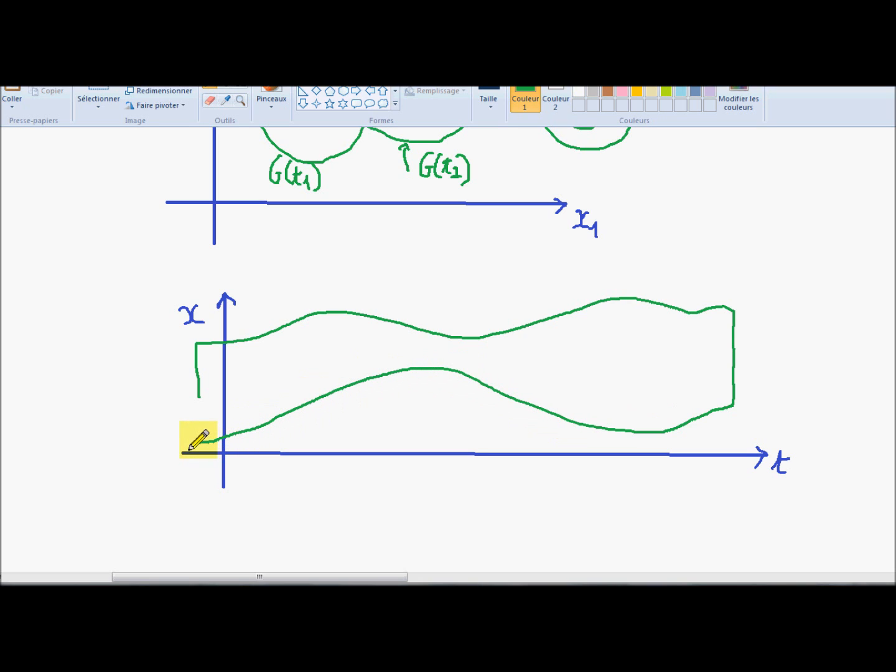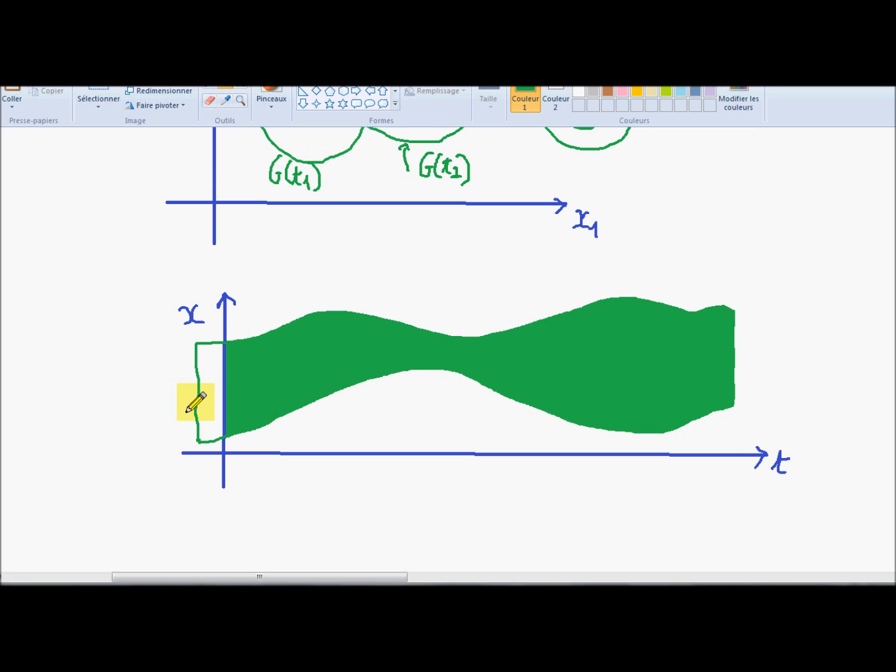Okay, this is a tube. This may correspond, for instance, to j of t. Here, for instance, you may have t1, and this interval here may correspond to j of t1. So it is a tube.